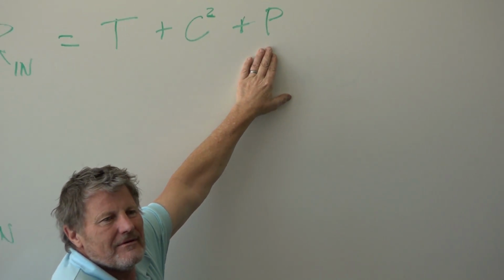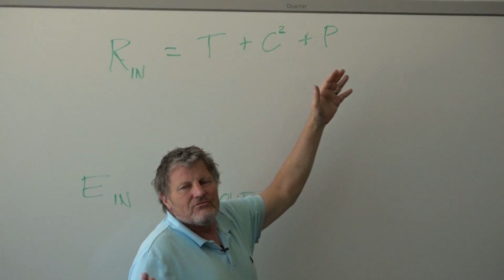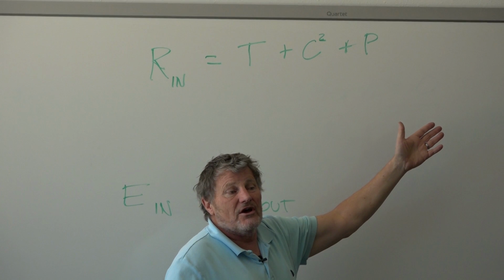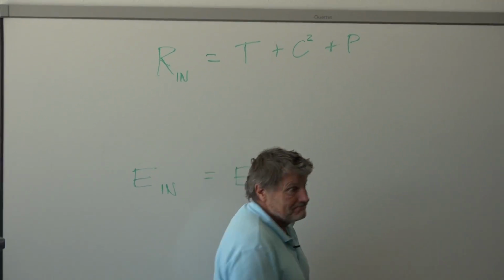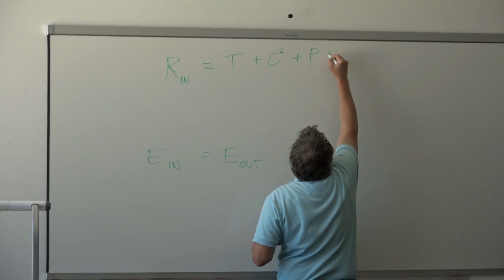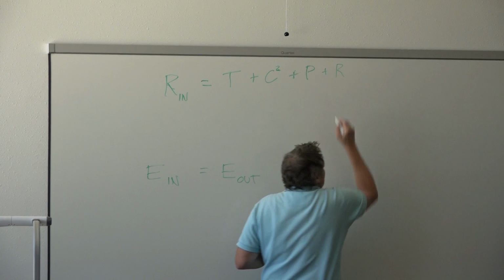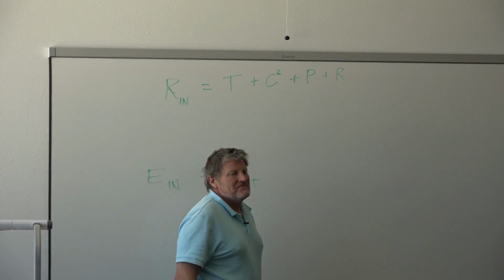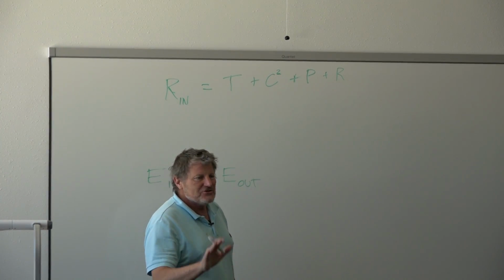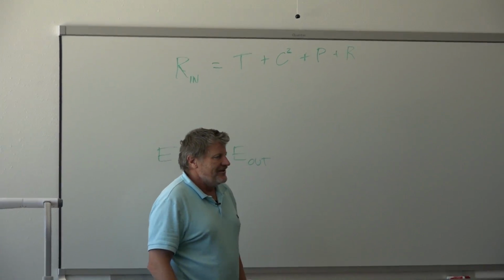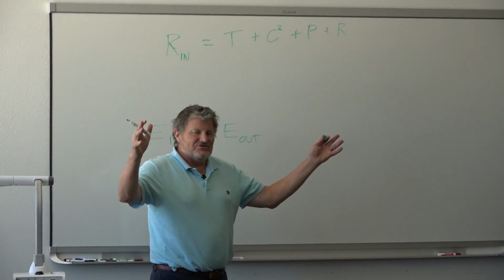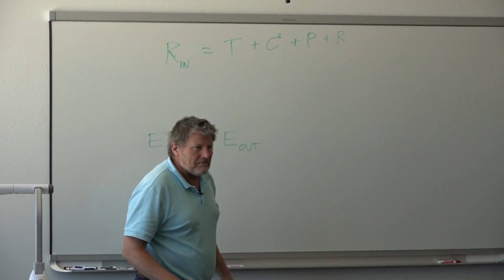But our bodies are above room temperature because of respiration. So now we've got respiration in here, and in the case of plants, they also respire. When they respire, that's exothermic, that warms them up.